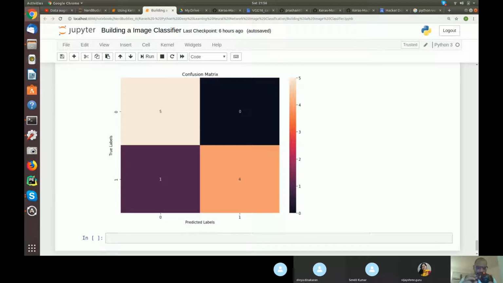So what we did today was we first built our own neural network with a very simple 3x3 convolutional layer. That was a very simple model, and these images are very complex, so it couldn't learn much.